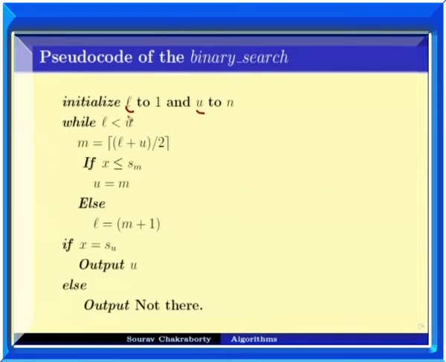So, we first initialize L to 1 and U to n. So, we start from this side of the set to this side of the set. That is our initialization. Of course, initially this is the whole set in which we have to look.